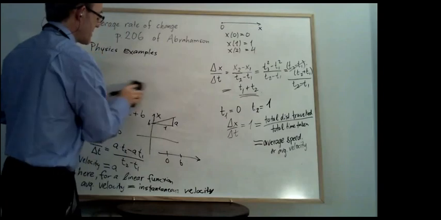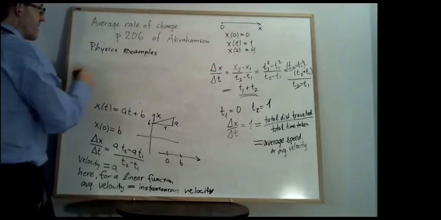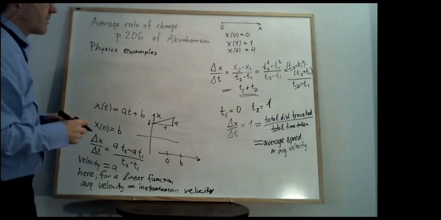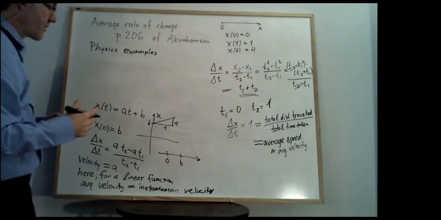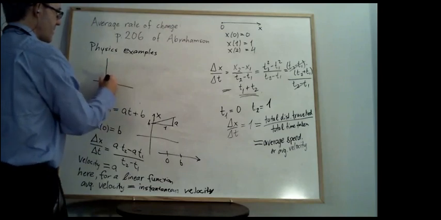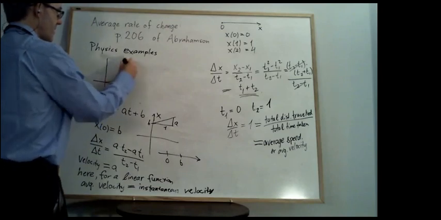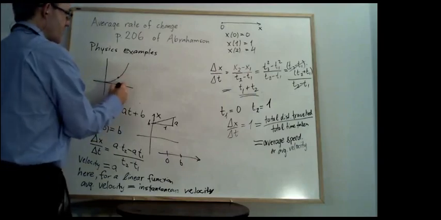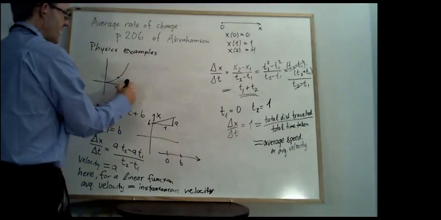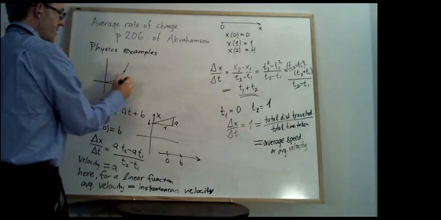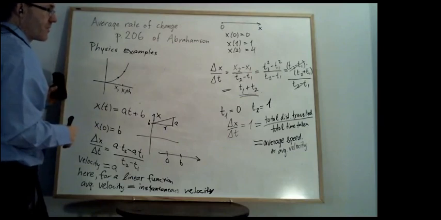Another example is the instantaneous velocity. Instantaneous velocity is obtained by taking a point t1 and then t1 plus h, and then you let h go to 0 in the formulas.